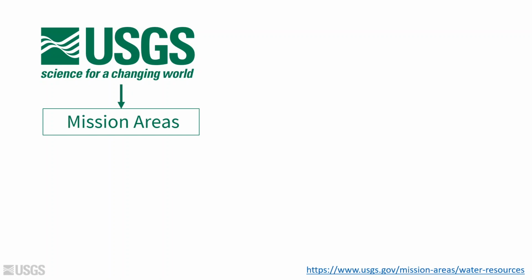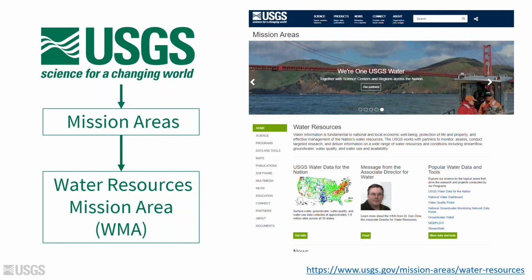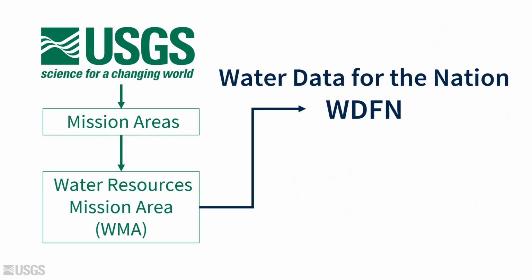USGS has multiple mission areas, and the Water Resources Mission Area is one of them. That's us. In the Water Mission Area, we focus on, you guessed it, water resources. We've been sharing our water data on the web for decades, but our original system became outdated, so we created Water Data for the Nation for the modern display of our water data, delivering open access water data, products, and services.